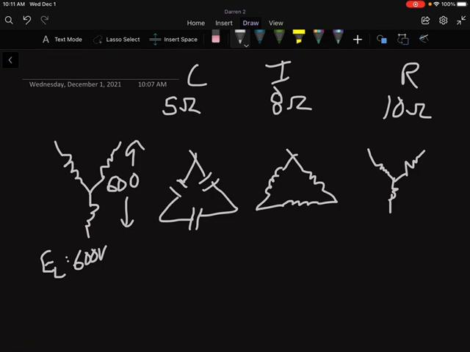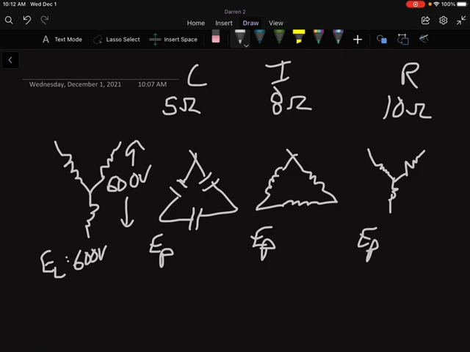Let's break down the voltages first, what we're going to have per phase.